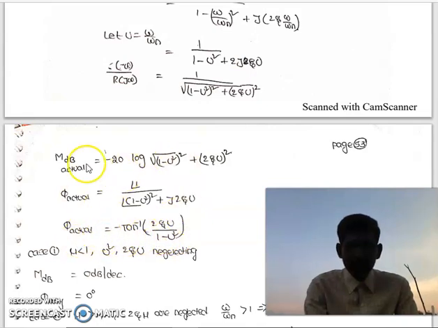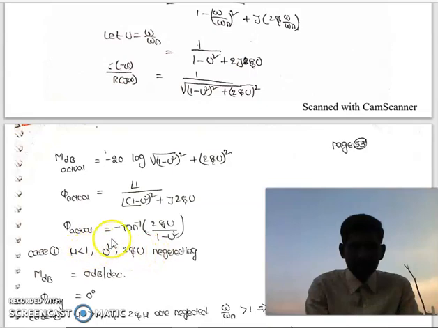Now to analyze this, we are going to approximate it. Case 1, when u is less than 1, u square and 2 zeta u can be neglected.